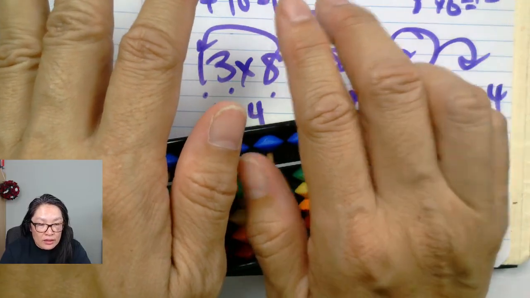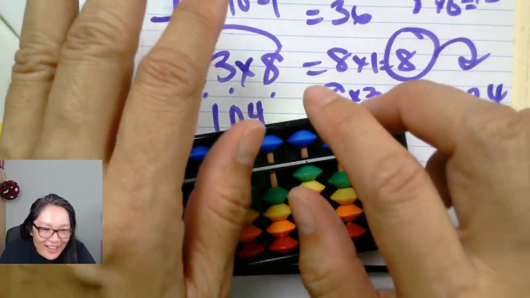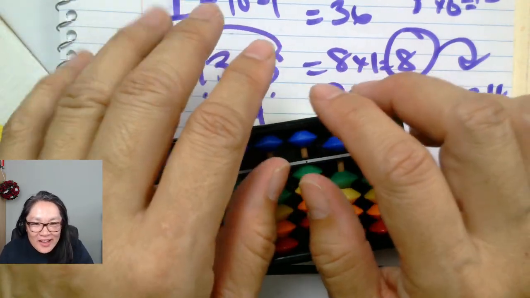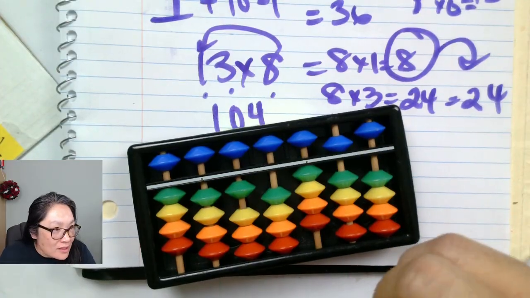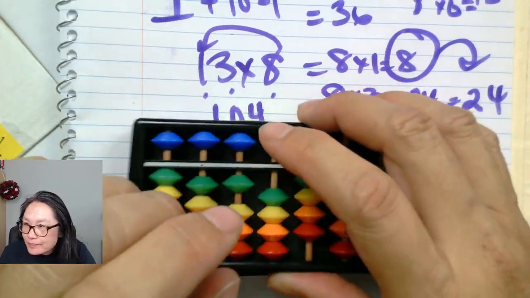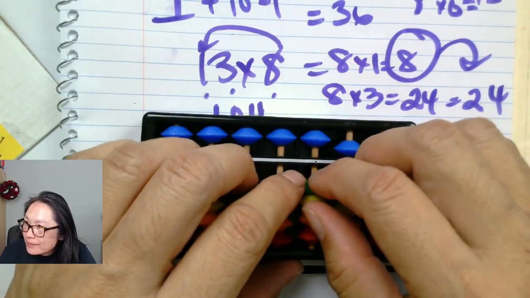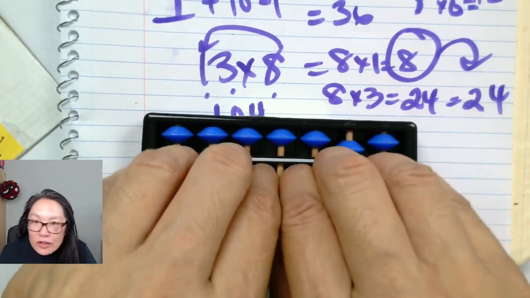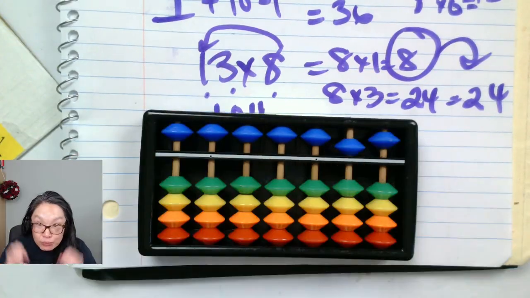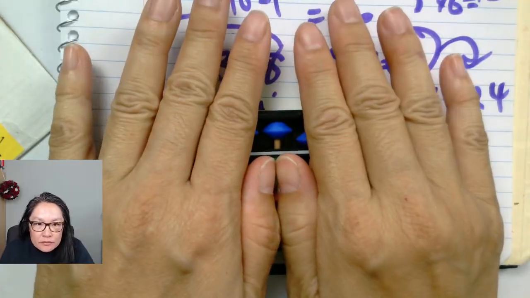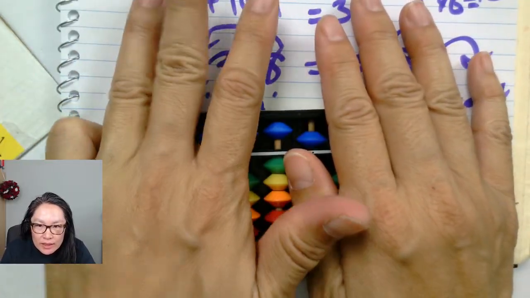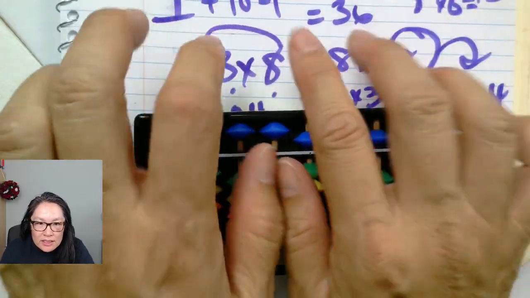Oh, I learned. I learned it through a movie. I don't know if anybody's watched Stand and Deliver. Yeah, I learned it from Stand and Deliver. Yeah, so hopefully that makes sense. So if I did 1, this is 1, this is 9.